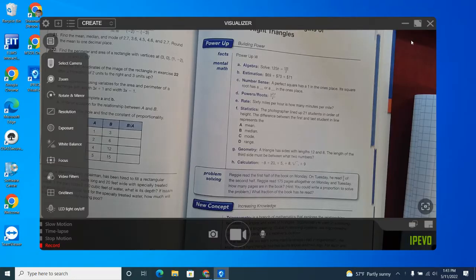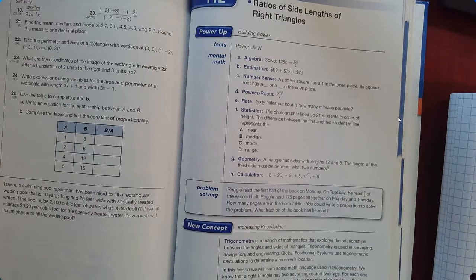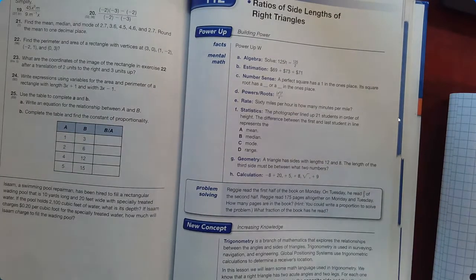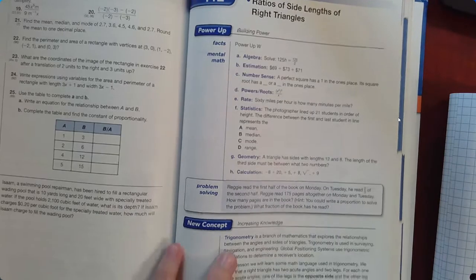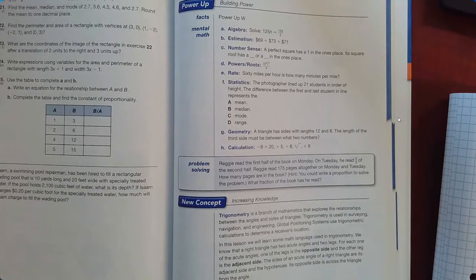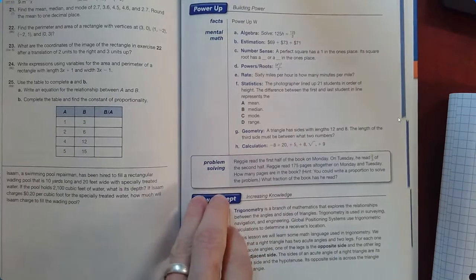So we're going to jump into ratios of side lengths and right triangles. Here they're going to just introduce the concept of trigonometry to you, which is really the concept of using math and using the Pythagorean theorem in order to figure out the side lengths for similar triangles.